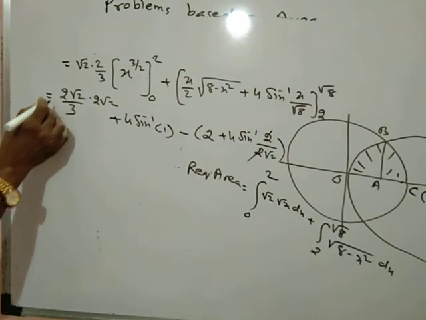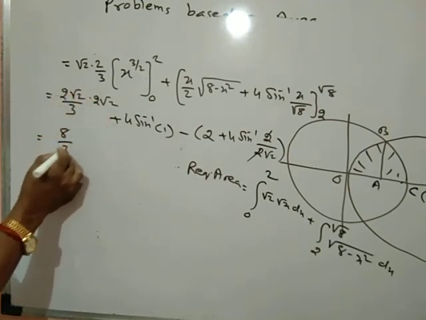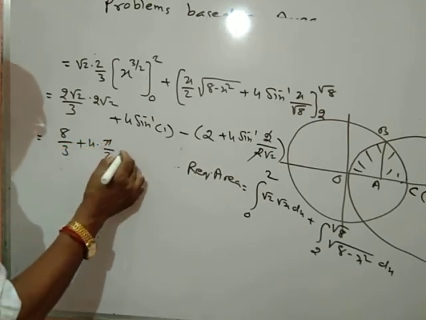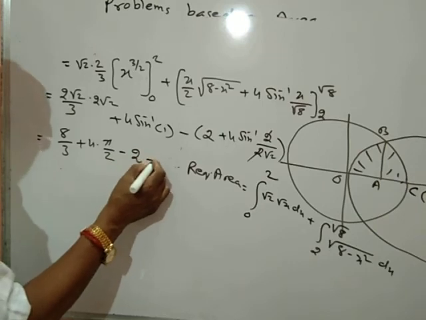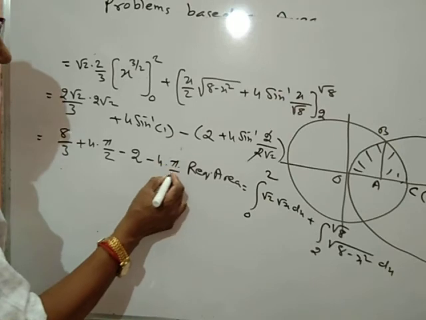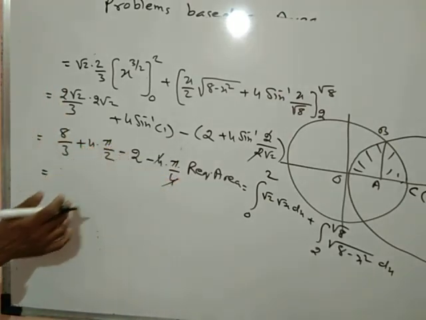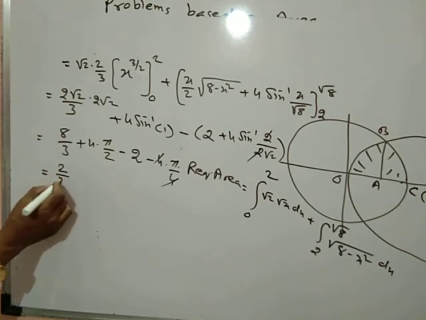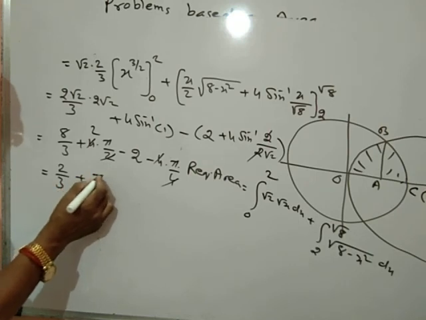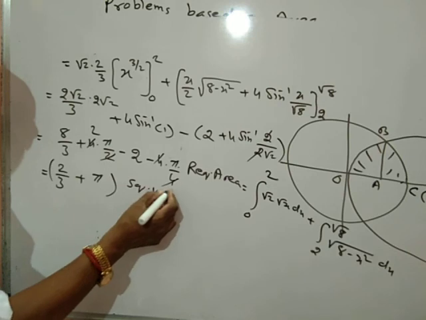So this is equal to 8 upon 3 plus 4 into pi by 2 minus 2 minus 4 into sine inverse of 1 by root 2, which is pi by 4. So this cancels. So 8 by 3 minus 2 is 2 by 3. 2 pi minus pi is equal to pi. So the area is 2 by 3 plus pi square units.